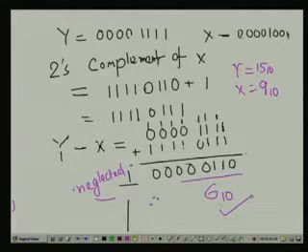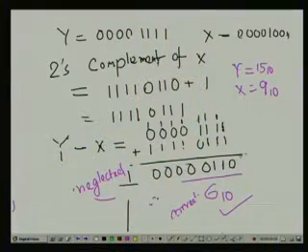So, this is a correct result. So, what we have seen is that if any one of the numbers is some n bit number, then the other number should also be of the same bit size, otherwise the result will be wrong. And we have just checked this for this example.